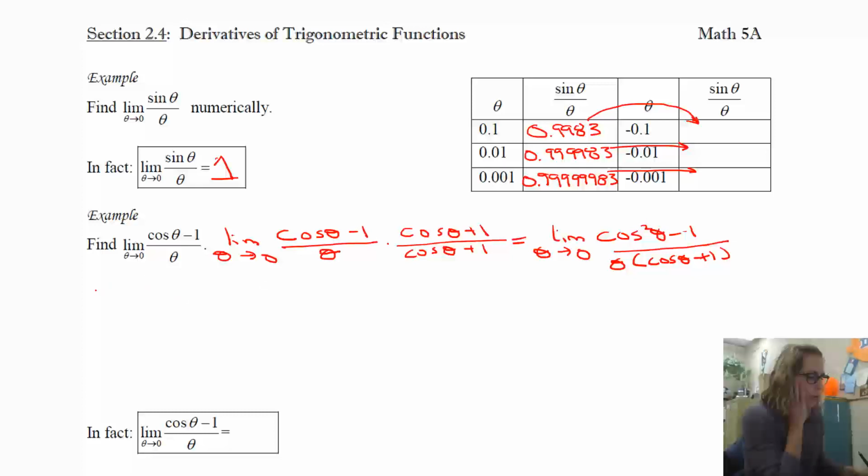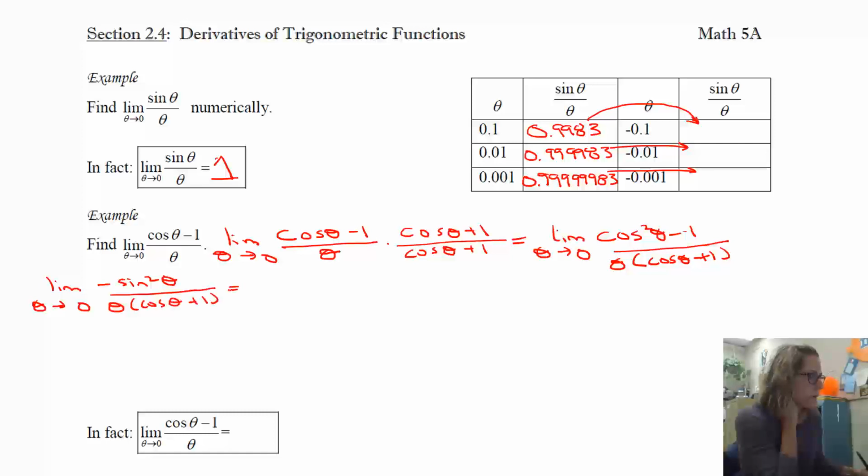At this point you should rewrite the numerator. Think about what that's going to be. That's our Pythagorean theorem for sine and cosine. So it's actually going to be a negative sine squared theta, since sine squared plus cosine squared theta equals 1. And in our denominator we still have theta, and then cosine theta plus 1.